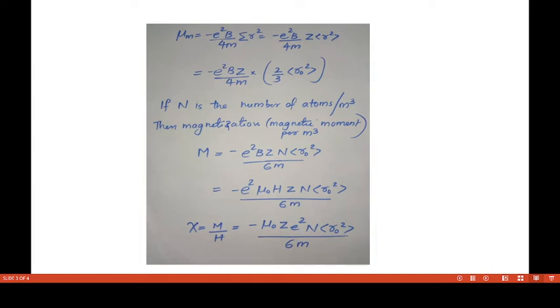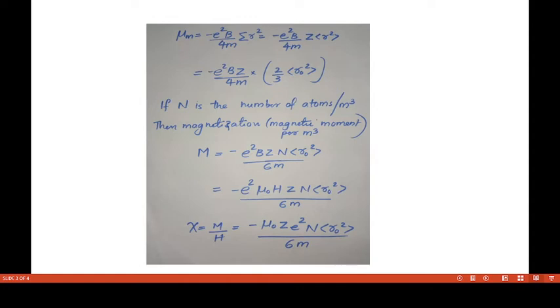And now, if there are capital N number of atoms per meter cube volume, then magnetization. Up to now, we have calculated the magnetic moment per atom. Now, if there are N number of atoms per meter cube volume, then magnetization can be written. What is magnetization?